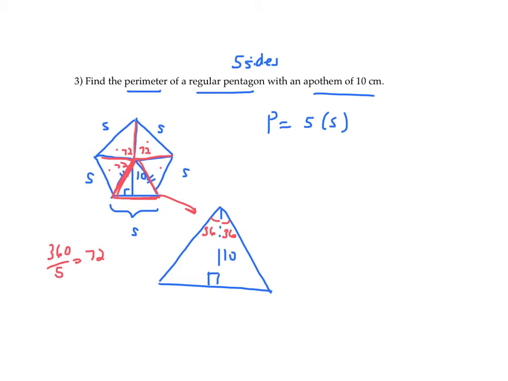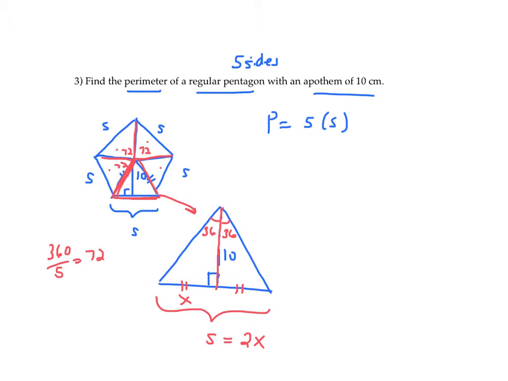Now the reason why I'm mentioning this is that we need to use trig to find the length of this whole side. Okay, but we're going to do it in steps. When you drop in this apothem, it's going to bisect this side, making these two equal to each other. So label one of those guys with x. So s, this side in our triangle, will be equal to 2 times whatever we find for x.